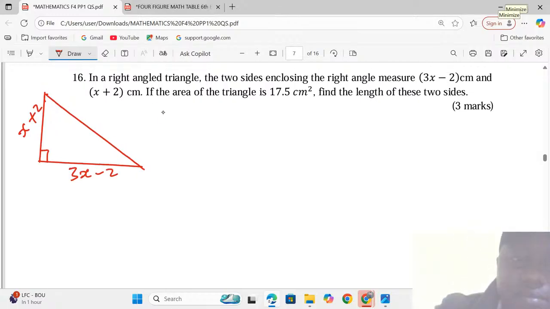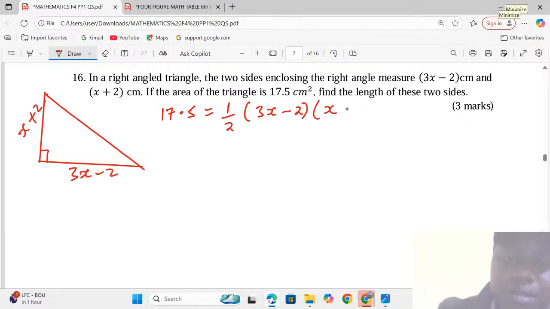So area 17.5 is supposed to be given by half base 3x minus 2 multiplied by height x plus 2. The first attempt in this case will be multiplying by 2 through just to do away with fractions.